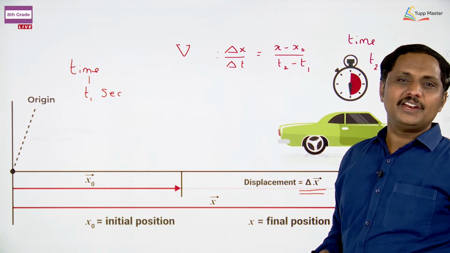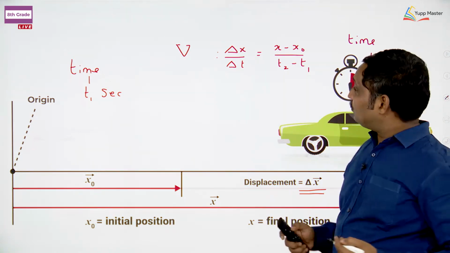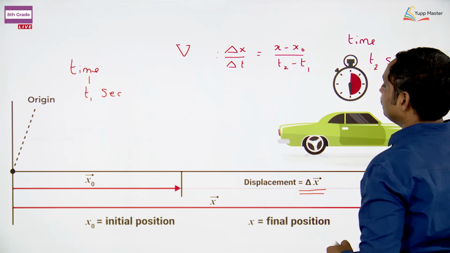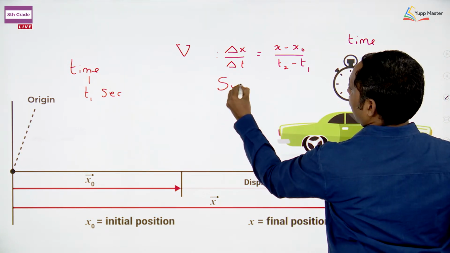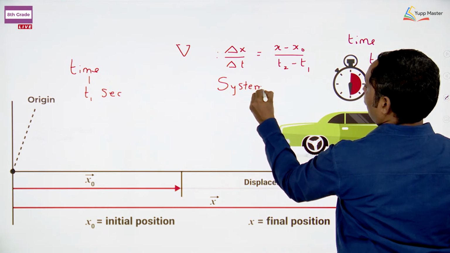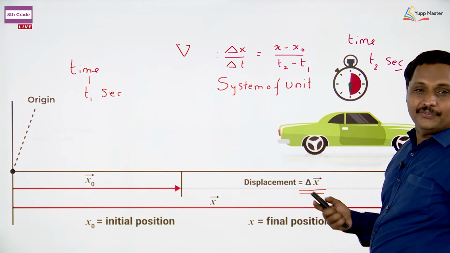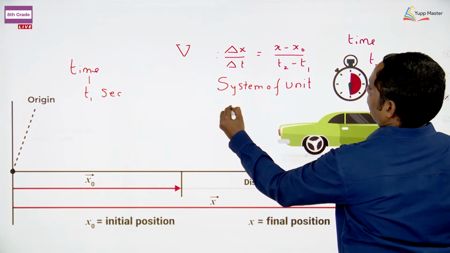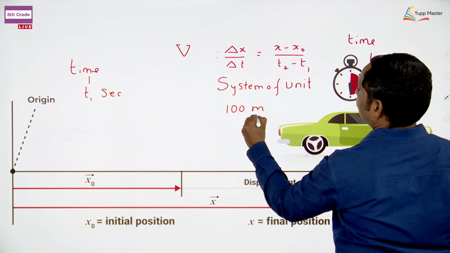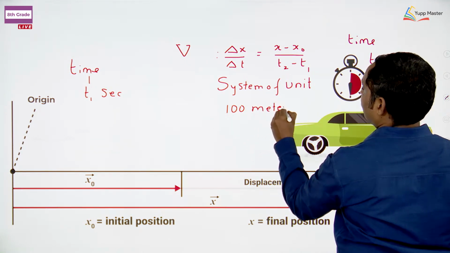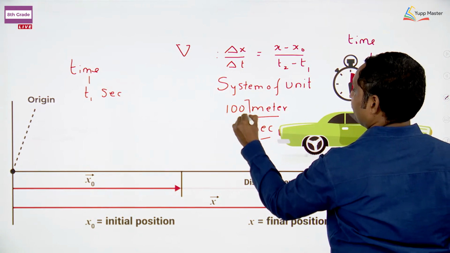Like that you can measure any physical quantity by knowing some parameters and you can express it in terms of any system of unit. Suppose it is 100 meter per second, you can take that as its value.